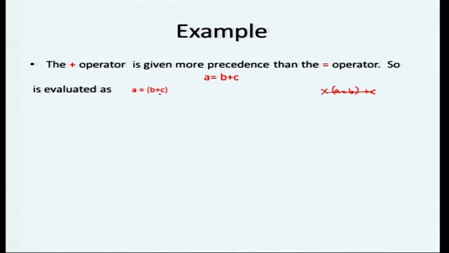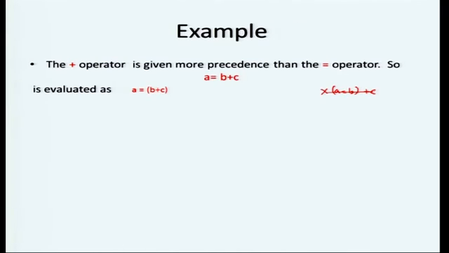One way I can ensure that is by saying that please do B plus C first, and then take that result and assign it to A. So, one way of doing that is to say whenever equal to and plus appear together, give more importance to plus, do that first.